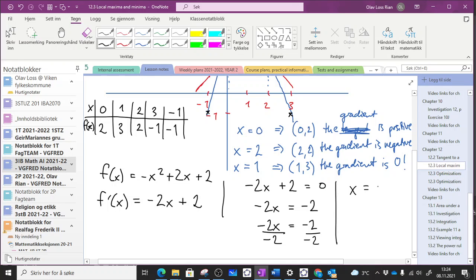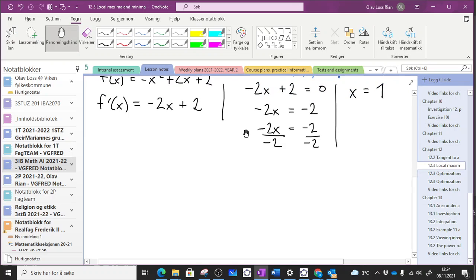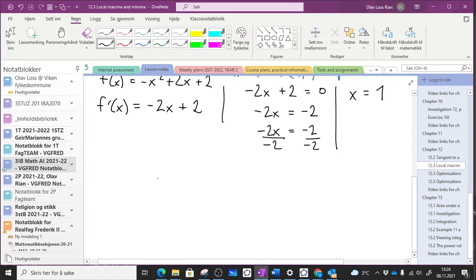And x is equal to 1. Okay, so now we have the solution to that. So we set the gradient function equal to 0, and we got the answer x equals 1. And that's the x-coordinate of the point that we want.